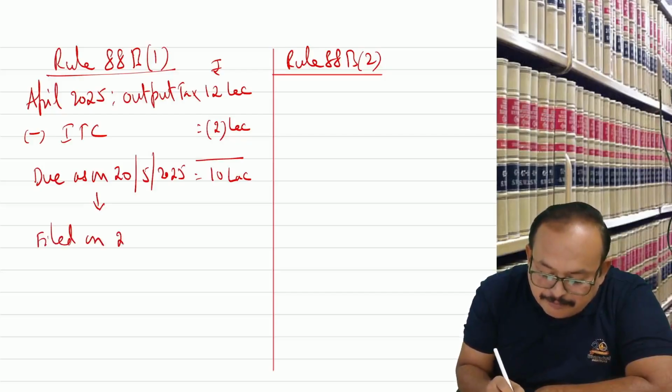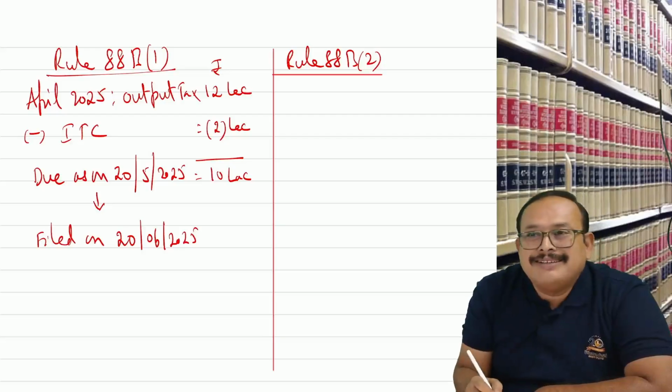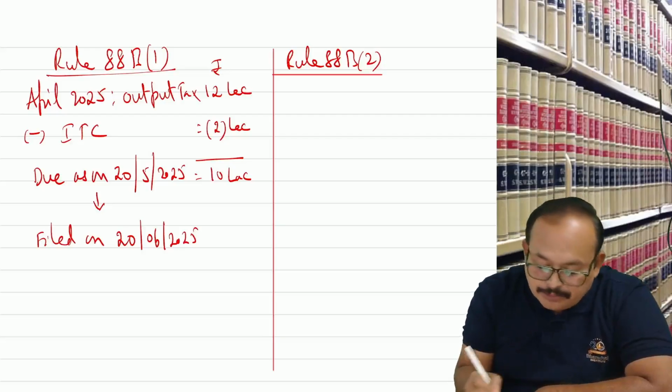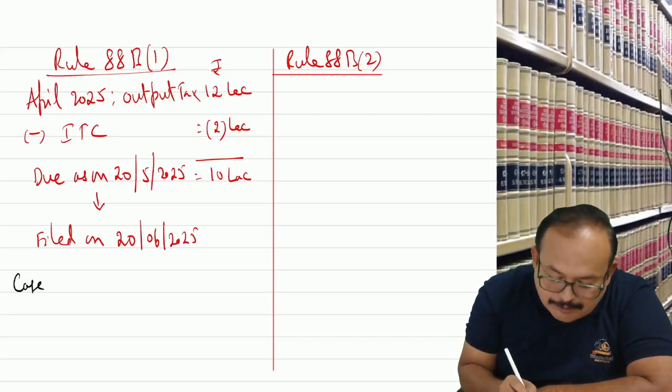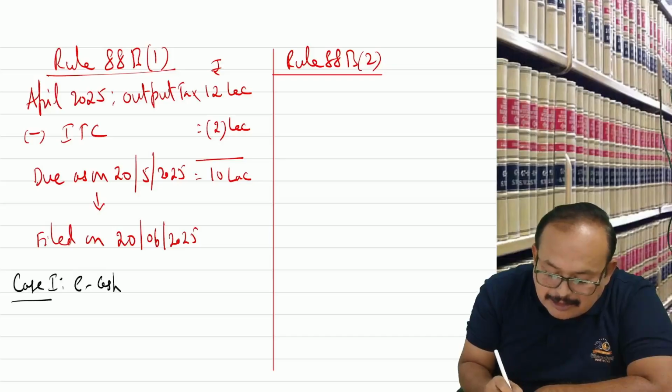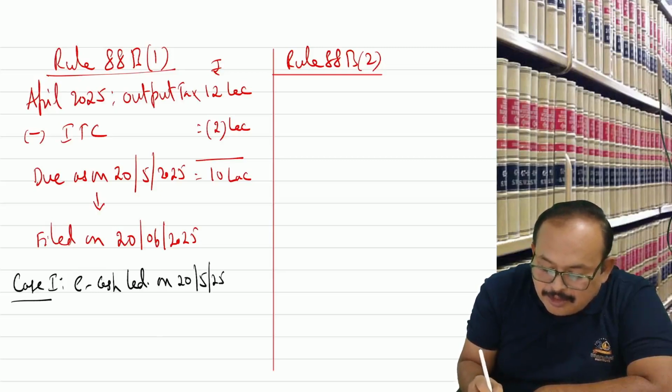Filed on 20th, is clear, sir. Now here, case 1: electronic cash ledger on 20th May 2025 is nil.